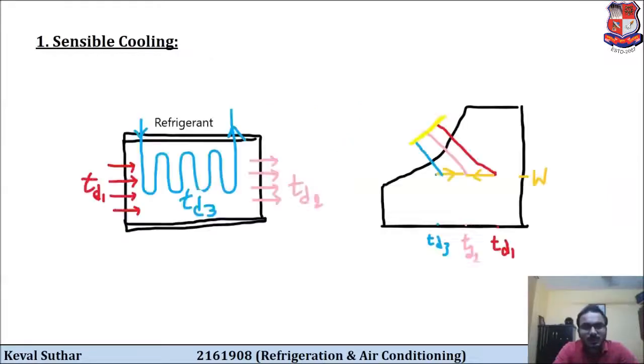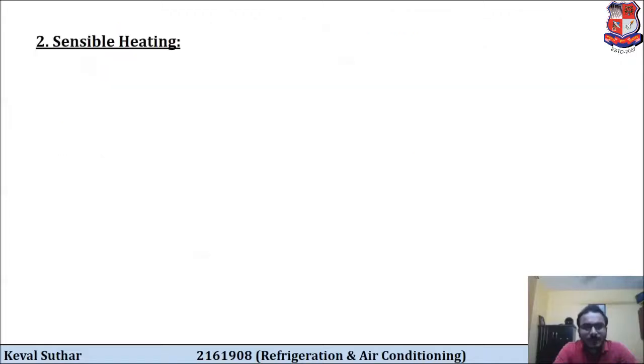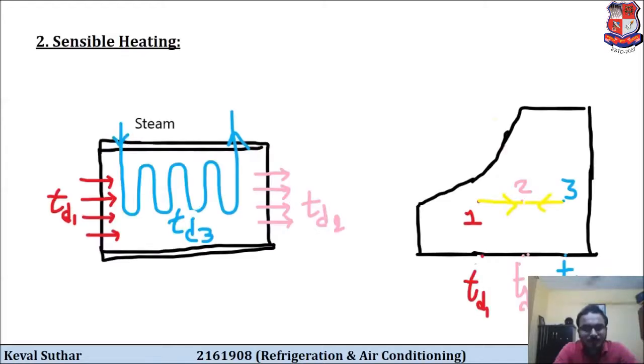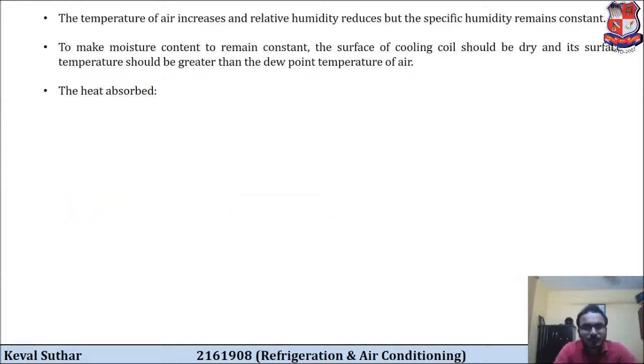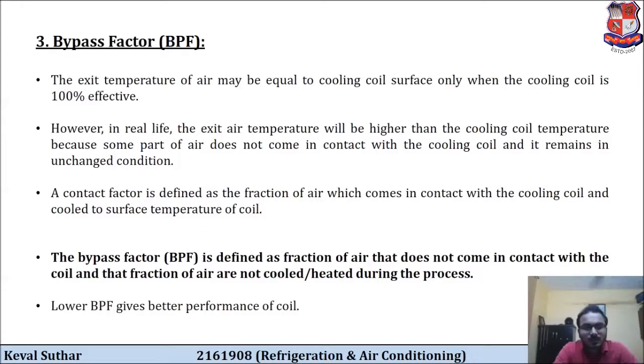First was sensible cooling. Then second was sensible heating. We derived formulas for that also. Then we studied about bypass factor, which is related to the performance of heating or cooling.